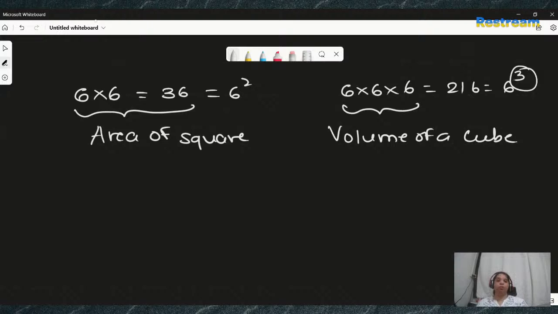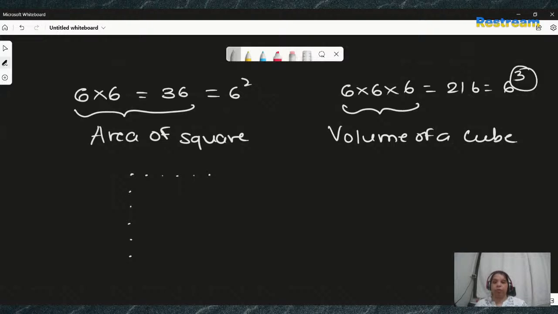Okay, so squares is 1, 2, 3, 4, 5, 6. 1, 2, 3, 4, 5, 6. Now, if I do this, 1, 2, 3, 4, 5, 6, not this one. This little dot is extra.